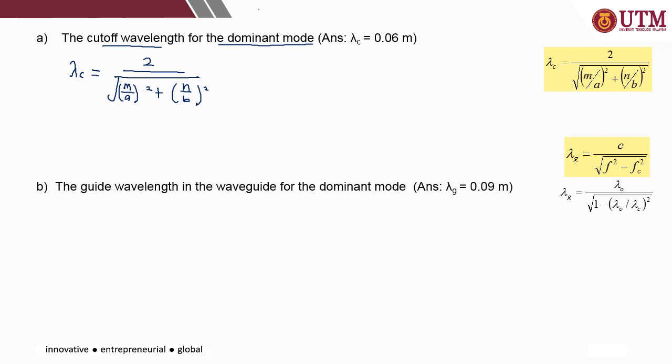For the dominant mode, TE10, m equal to 1, n equal to 0. So in the given question, you have a structure with a equal to 3 cm times b equal to 1.5 cm.